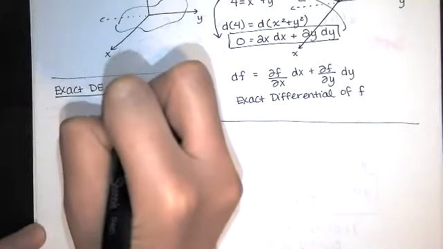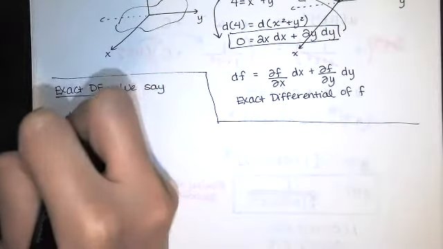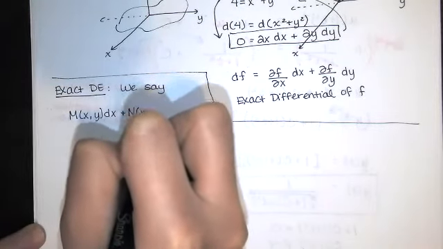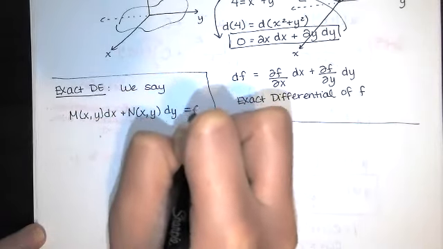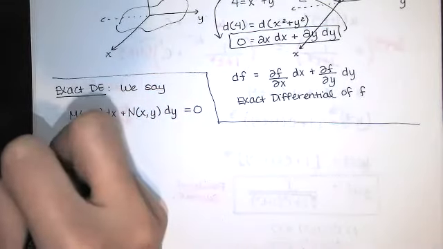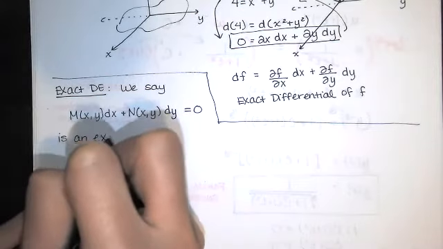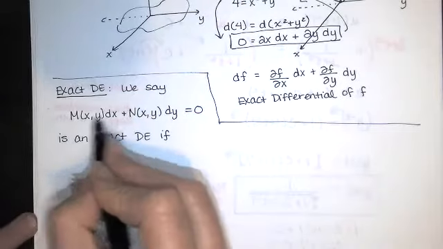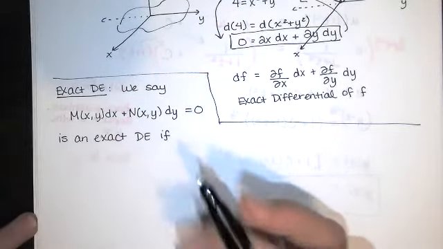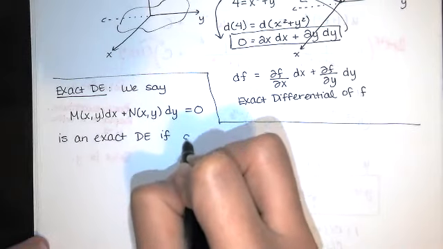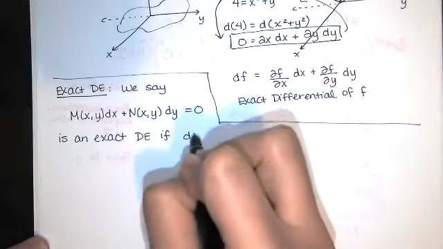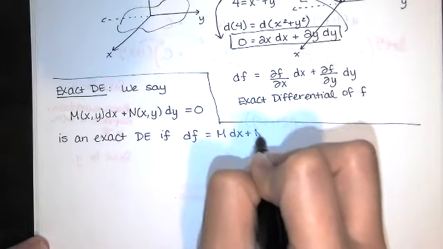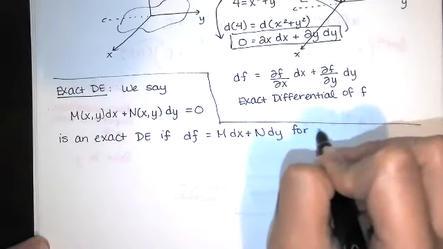We say that M of x, y times dx plus N of x, y times dy equals 0 is an exact differential equation, or an exact DE, if this left-hand side is the differential of some function f. I'll say if df equals M dx plus N dy for some function f.